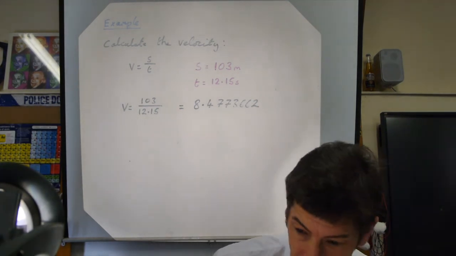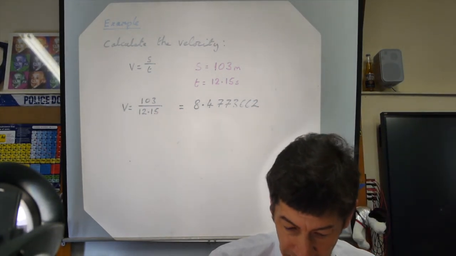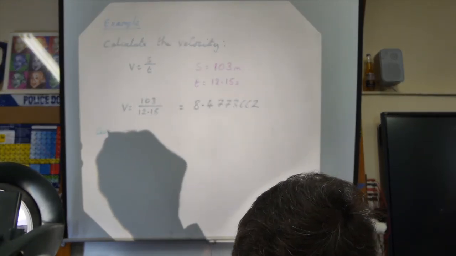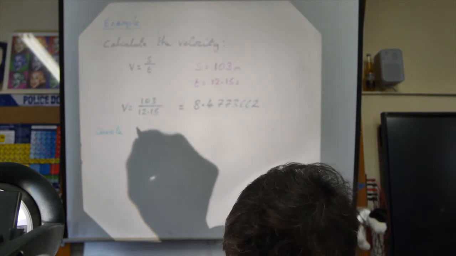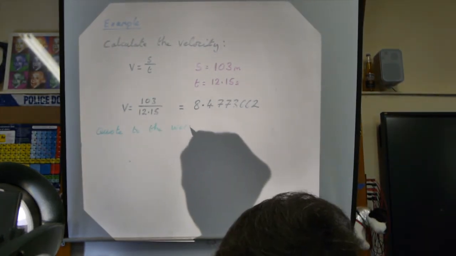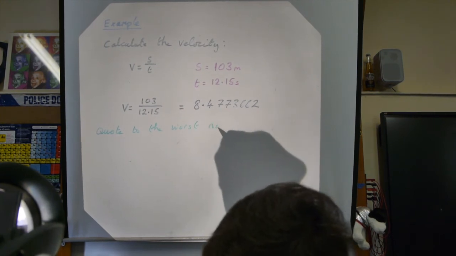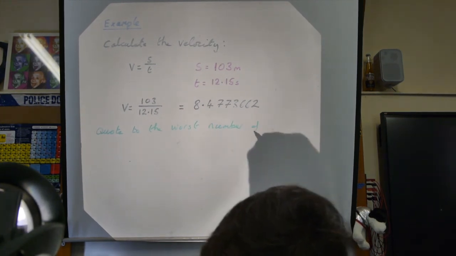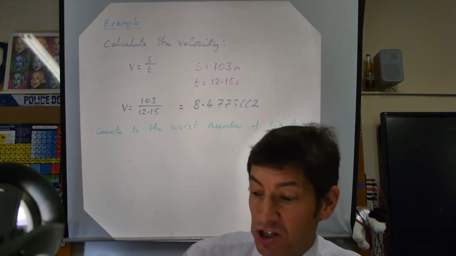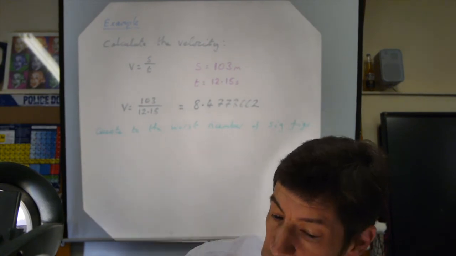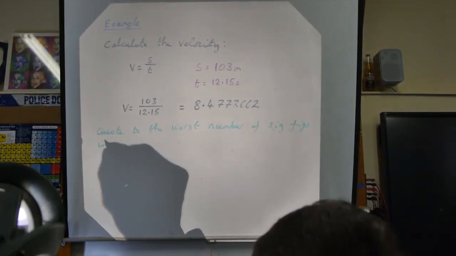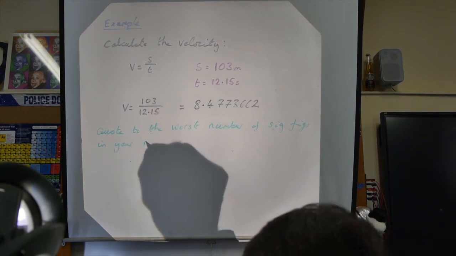So if you remember the rule of the game, you quote your answer to the worst number of significant figures in the measurements that you used.